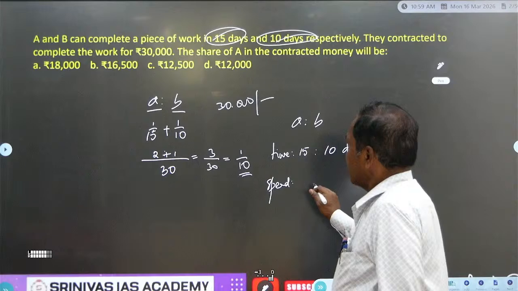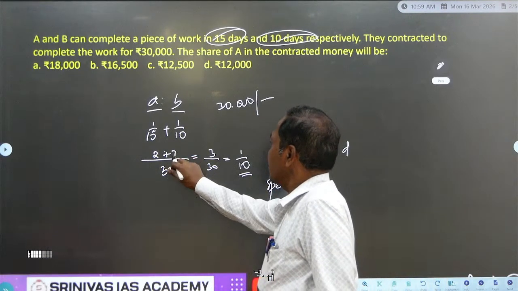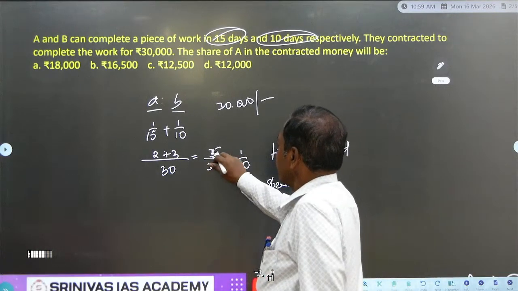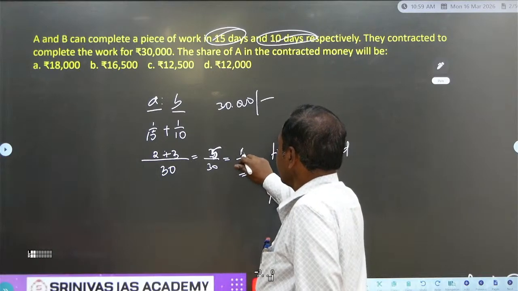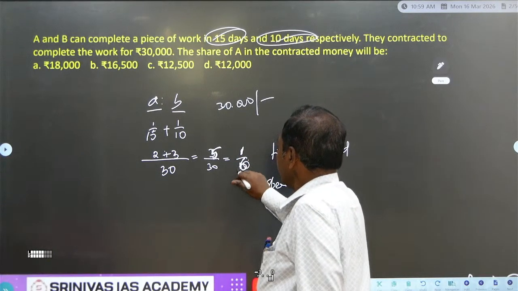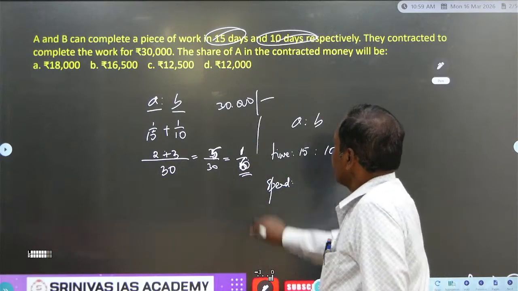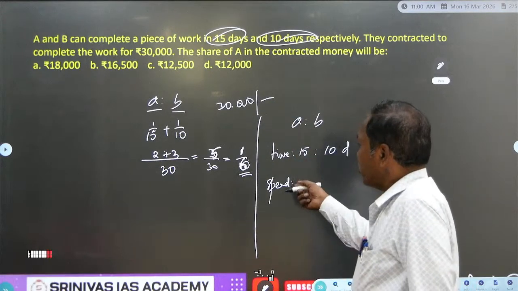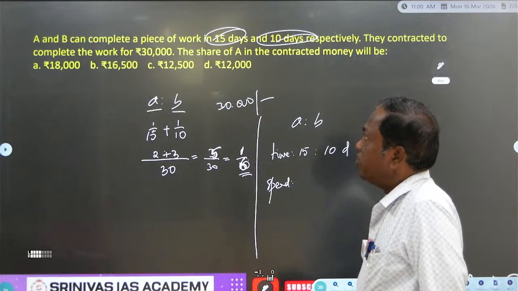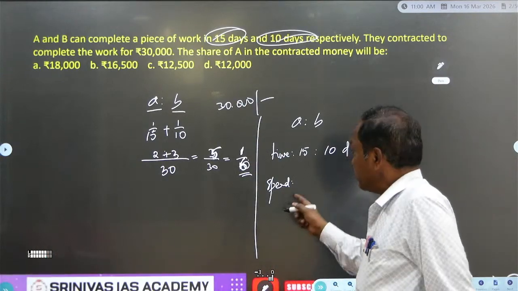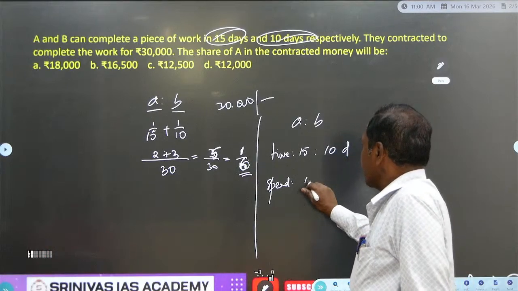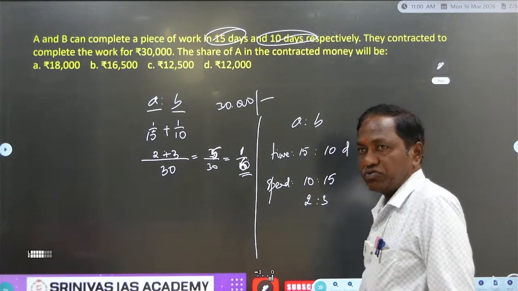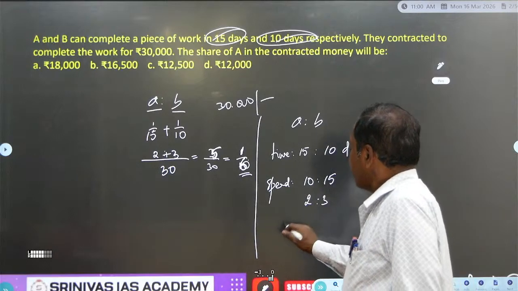Yes. This 2 plus 3 is 5. Now the time ratio is 15 days to 10 days according to the question. You converted it because money is to be distributed based on the efficiency of the person. So the speed of work is found by reversing the ratios. 10 is to 15, which is 2 is to 3. Now what is the value of x?